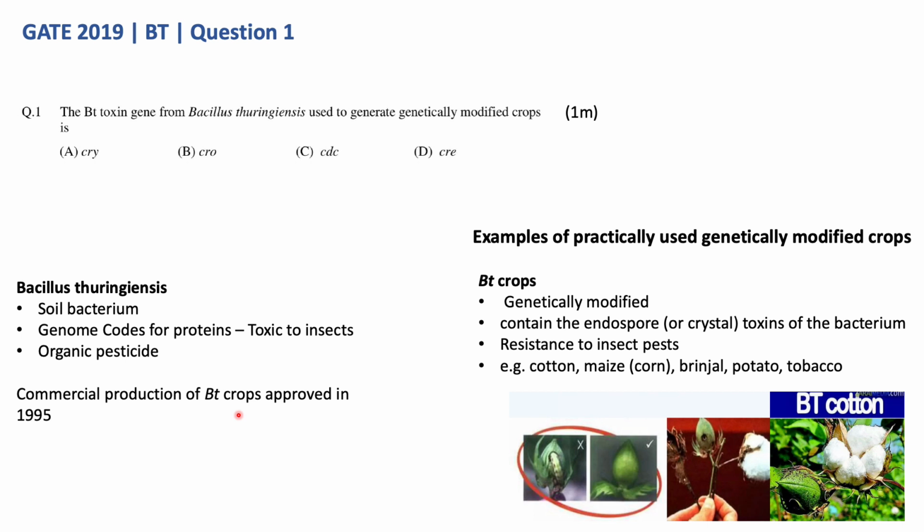So the widely used commercial Bt crops are corn, cotton, potato, and tobacco. But currently, the most common Bt crops that are in use are corn and cotton. So they are genetically modified to produce the toxins produced by the bacterium so that they could have an inbuilt resistance.